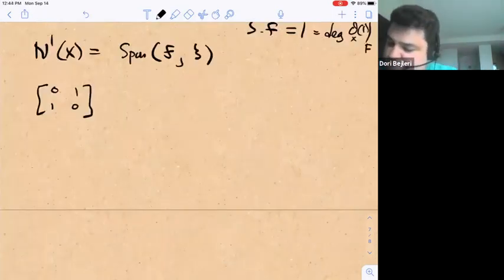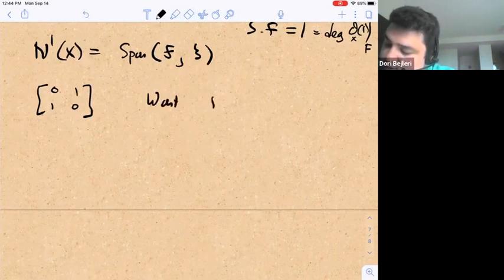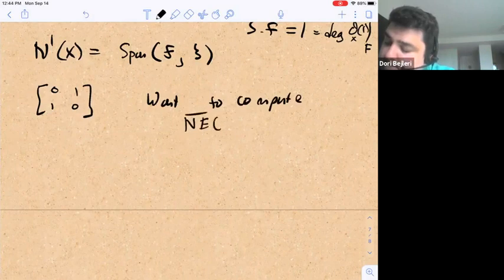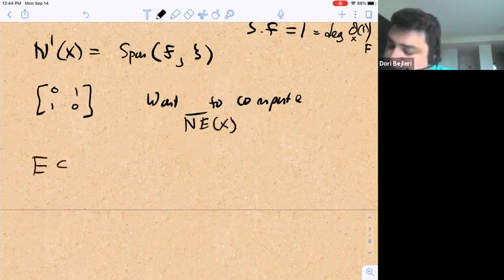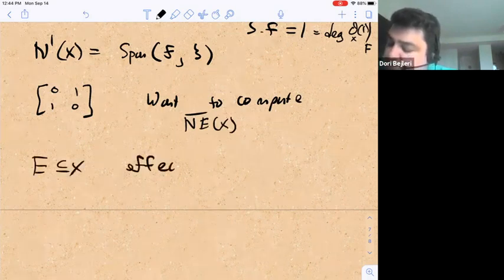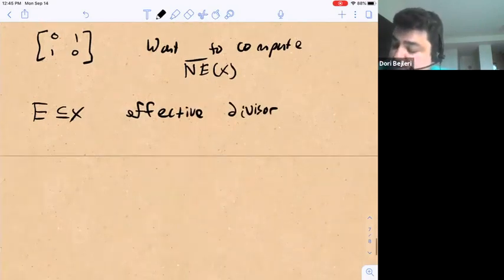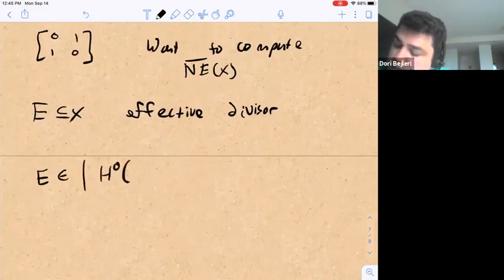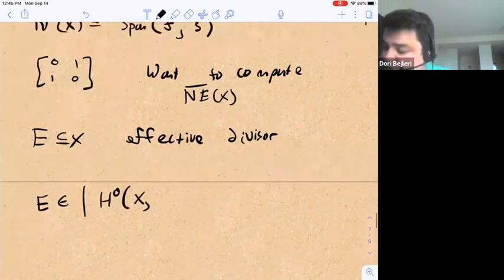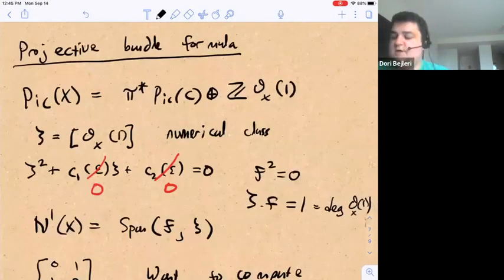Now we want to compute the effective cone. Let's recall that was our goal. So let's see what effective divisors look like. Let's say E in X is some effective integral divisor. Well, then by definition, E has to be the vanishing of some section of some line bundle. But now we know what line bundles look like by this projective bundle formula. Line bundles look like pullbacks from the curve, tensor multiples of O of 1.